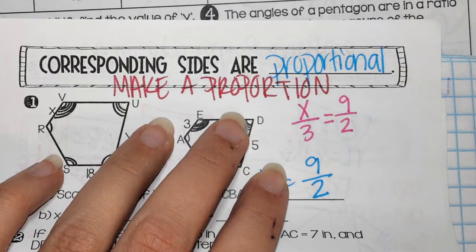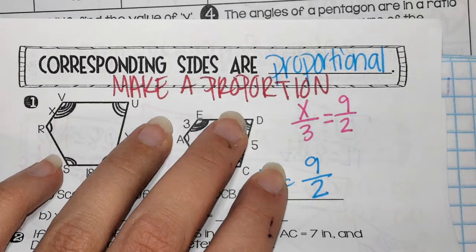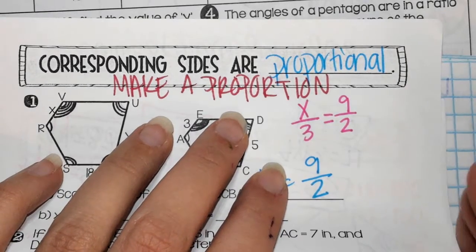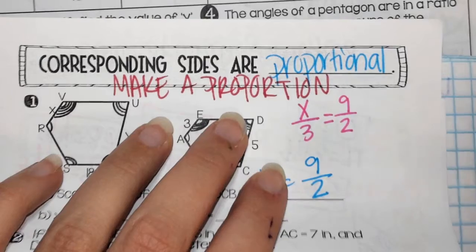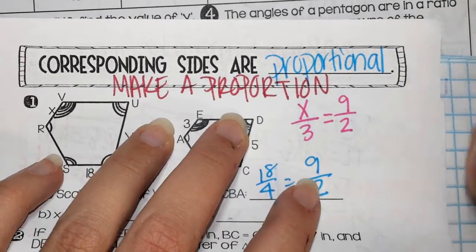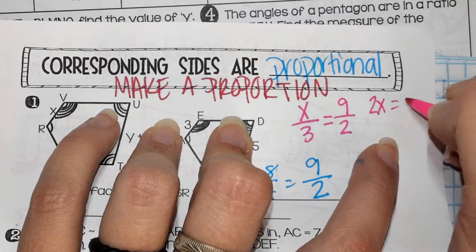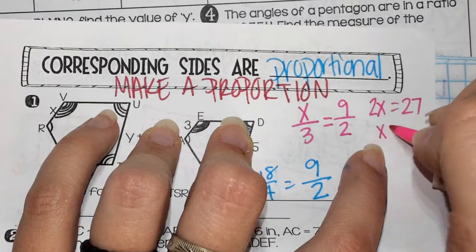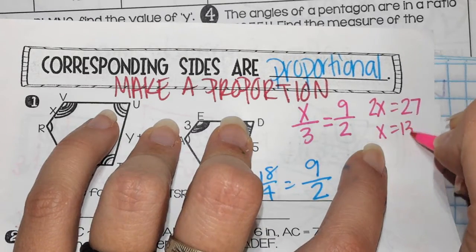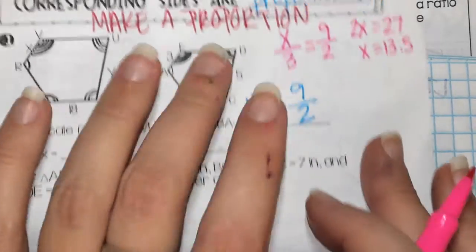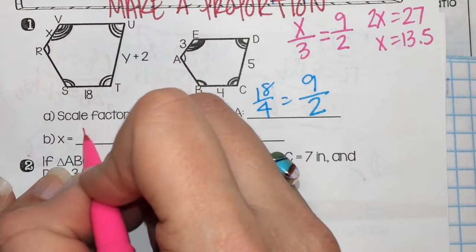So all we're doing is putting everything together that we've been doing, where we've been making our ratios and cross multiplying our proportions. It's crazy. So what's 2 times x? What's 3 times 9? And then divide by 2 and you get 13.5. So we're going to write 13.5.